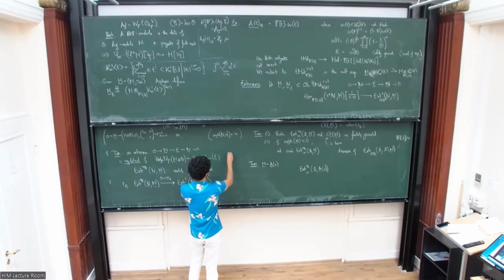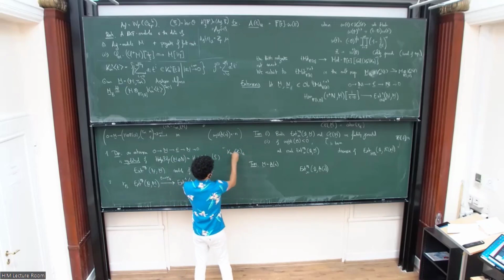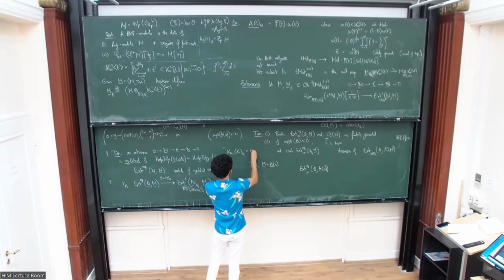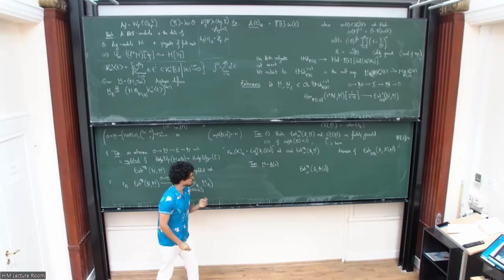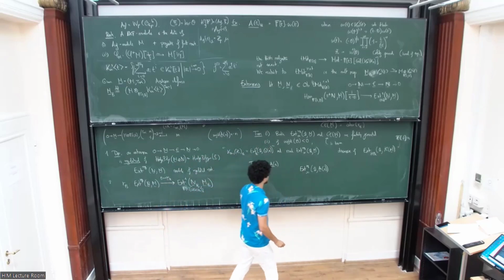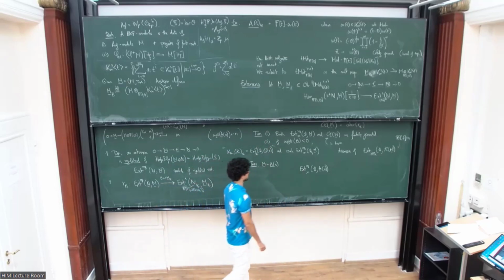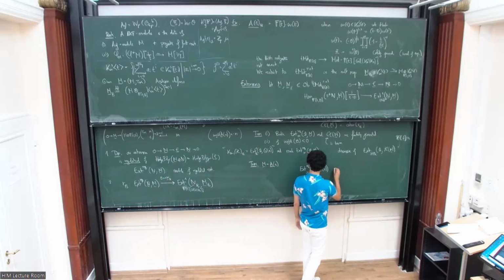Classically, as I understand it, that should be, at least rationally, related to some kind of K-groups.